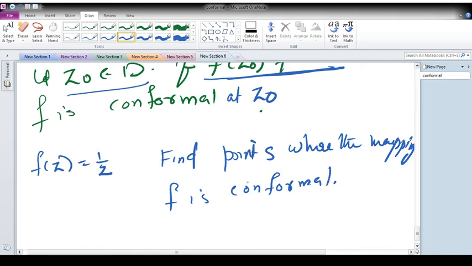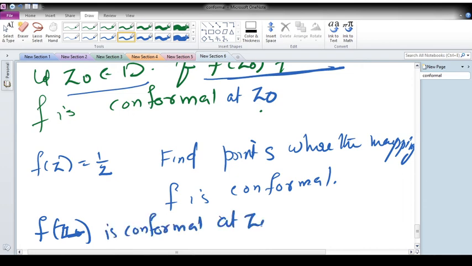We have a theorem: f(z) is conformal at z0 if its derivative at z0 is not equal to 0.